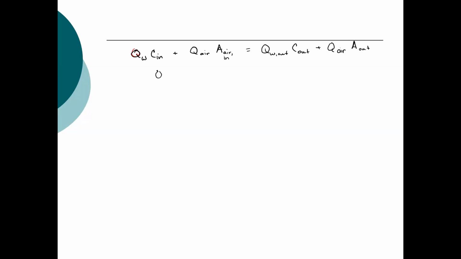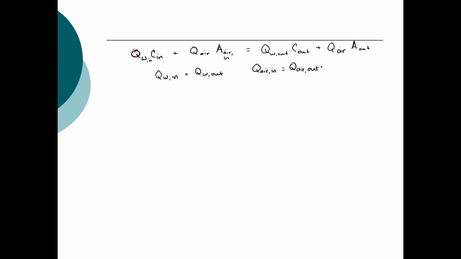And remember, we said Q W in equals Q W out, and Q air in equals Q air out. So those were assumptions we've made.